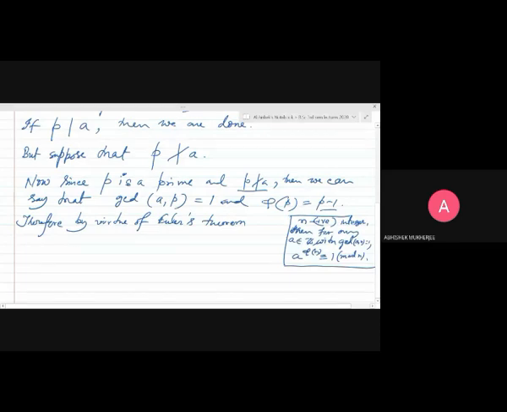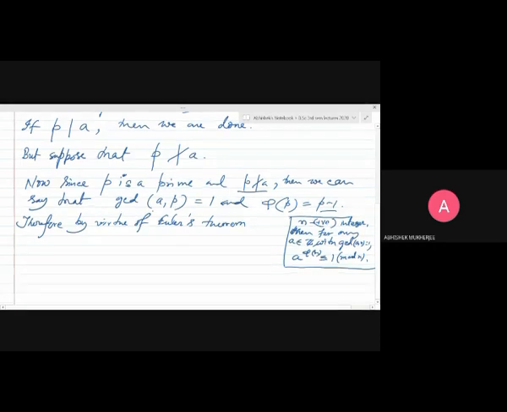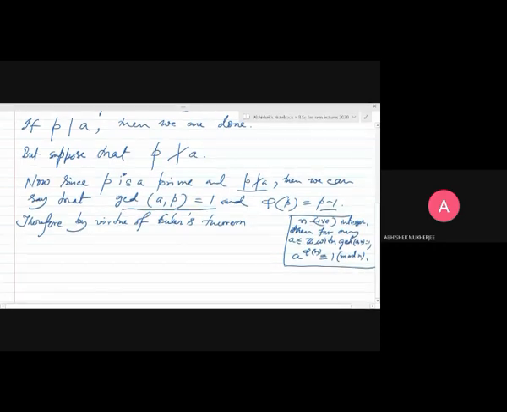Okay, so in that case, p is the positive integer and a is an integer for which GCD of a, p is 1. So therefore, you can apply Euler's theorem in this context.